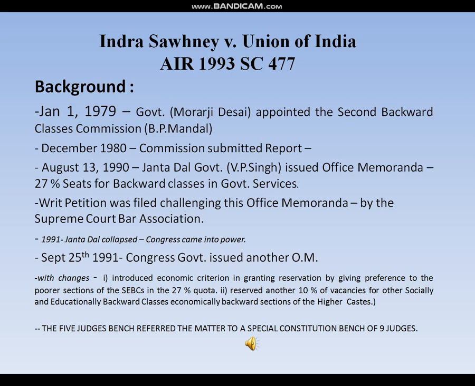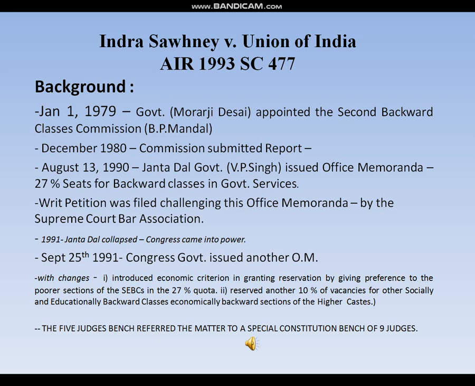This writ petition was meant for staying its operation, for a stay order. The 5 judges bench of the court stayed the operation till the final disposal of the matter. Meanwhile, unfortunately, the Janata government again collapsed, and in 1991, in the parliamentary elections, the Congress party came into power at the center.